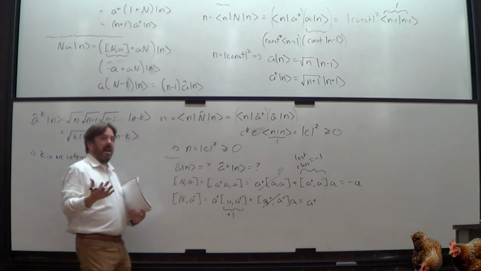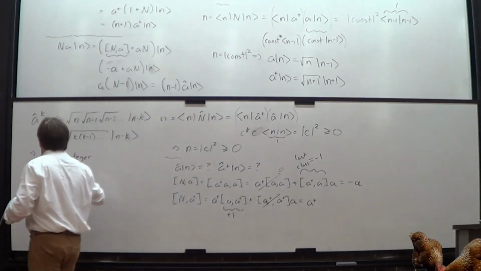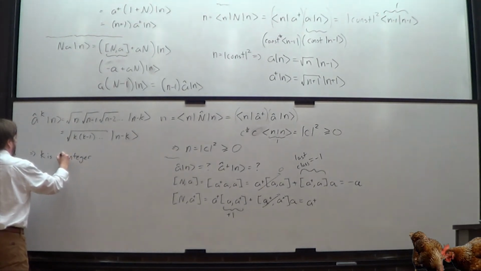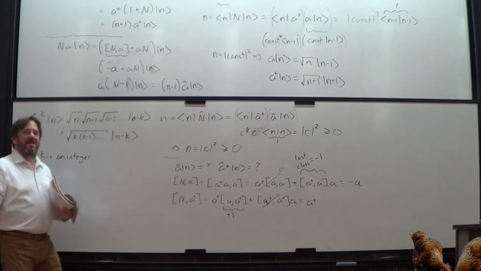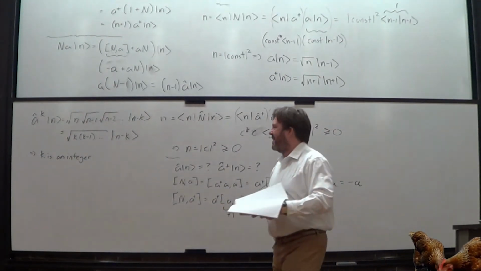You're assuming k is an integer, right? I'm not going to apply an operator 0.5 times. That doesn't make any sense.